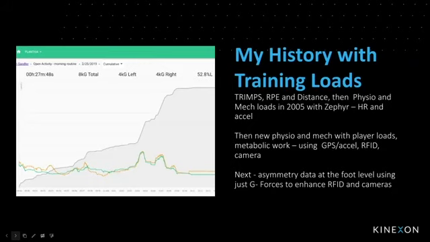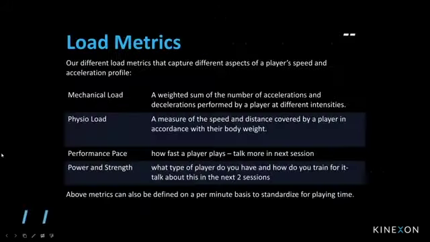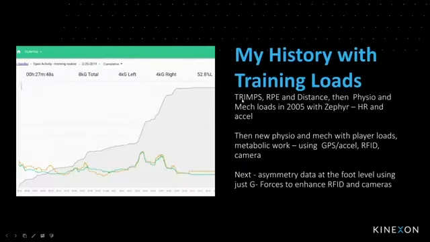Basically, TRIMP is based off heart rate. All we're looking at is how much time you spend at a certain heart rate zone, and you get credit for that. In a very low heart rate zone, you get a few credits. At the higher heart rate zones, you get more credits, meaning a cumulative load over time.